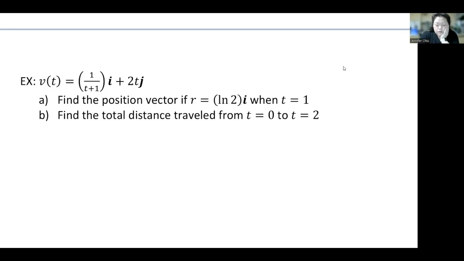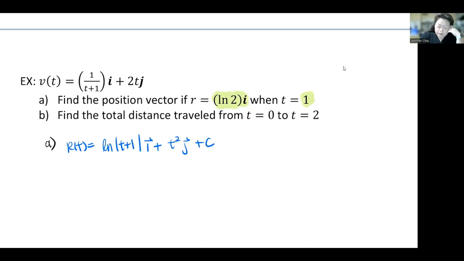So if you take the antiderivative of this, your r of t is equal to natural log of t plus 1, i component. Take the antiderivative of 2t, that will give you t squared, j component, and you have a constant because you're taking an antiderivative. Now, we are given some initial value, so we know that r equals natural log of 2 when t equals 1.